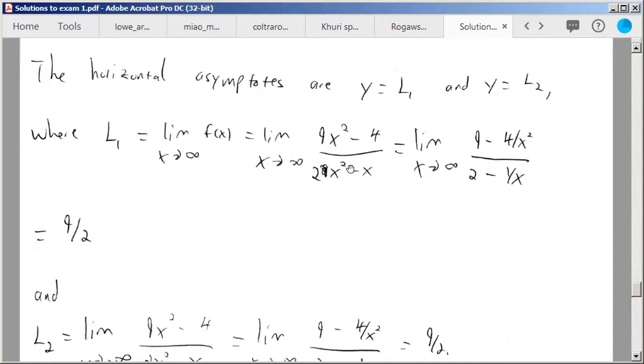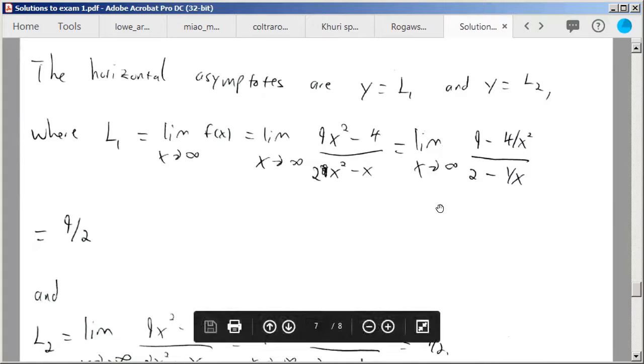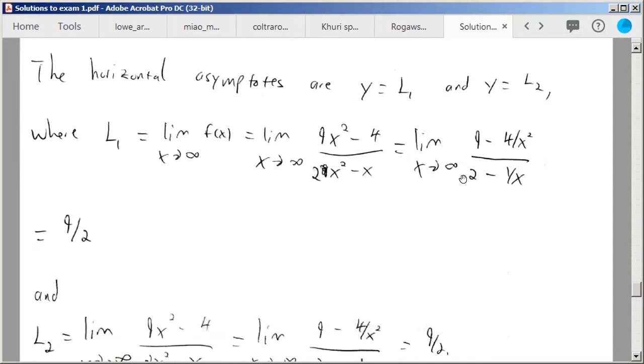What you can do instead is show that you can divide through by x squared, and here you see me going from here to there without any comment, because that's fine, because I didn't ask you to show every step with the limit laws, so you don't need to.